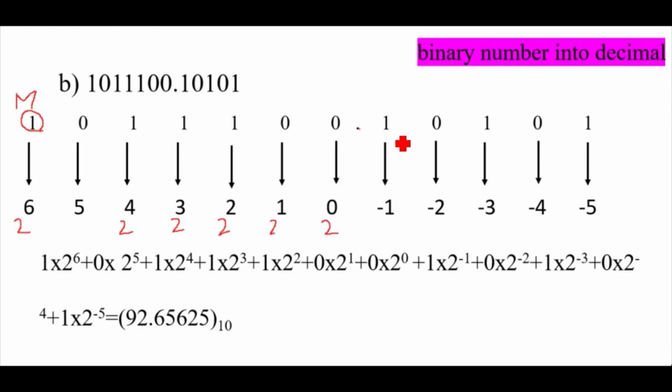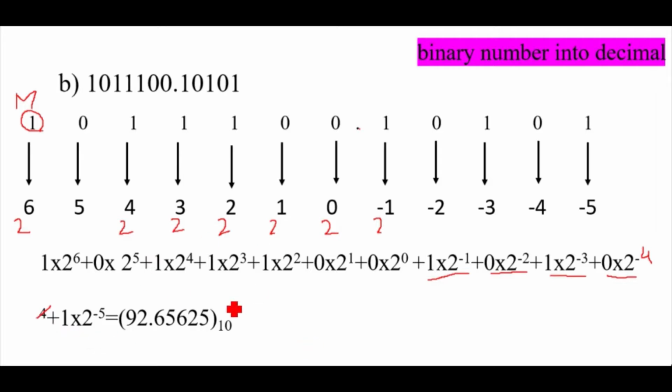And next, after the point, this 1 is multiplied with 2 to the power -1. Then the next 0 is multiplied with 2 to the power -2. Then 1 is multiplied with 2 to the power -3. Then 0 is multiplied with 2 to the power -4. Plus 1 into 2 to the power -5.